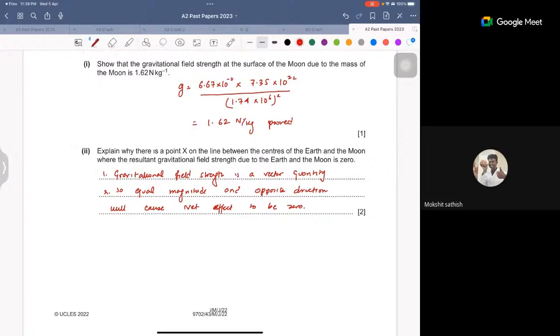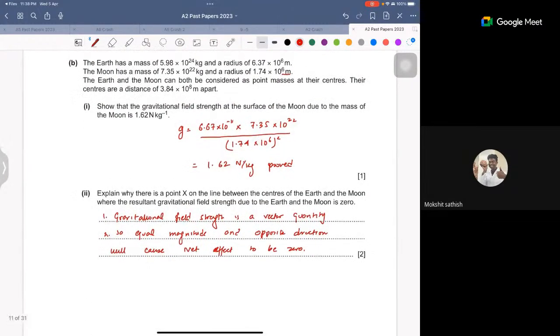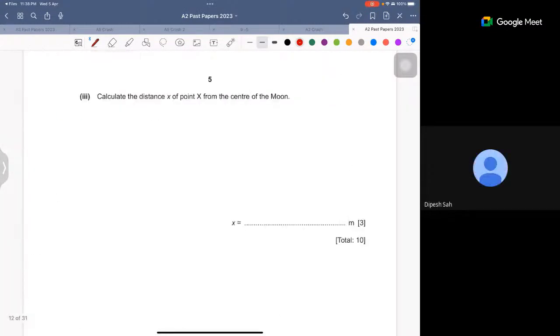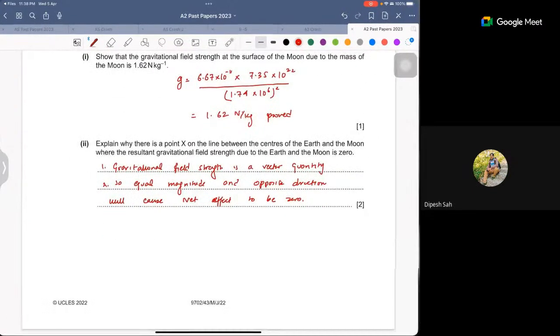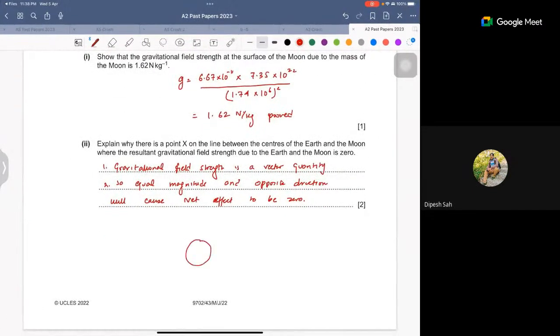If you have any questions there, please let me know. Sir, could you explain that part once again? What I'm saying is, if this is Earth and this is Moon, there will be some point somewhere between them, not exactly in the middle, where the gravitational field strength of Earth and the gravitational field strength of Moon will have the same value, and they will have opposite directions.